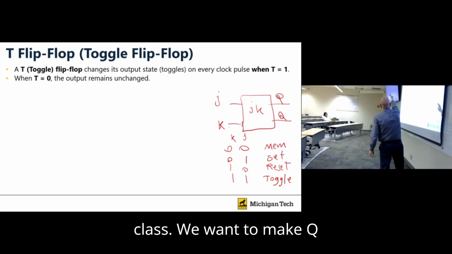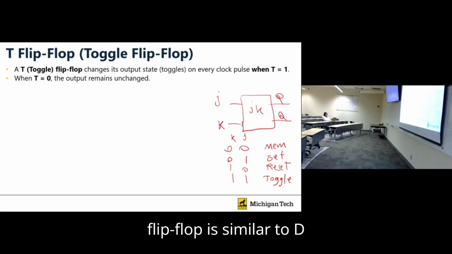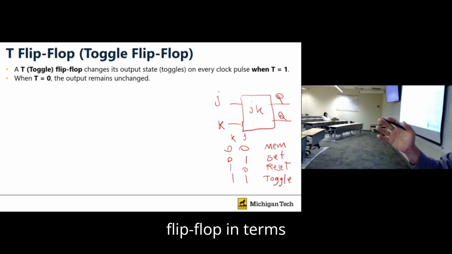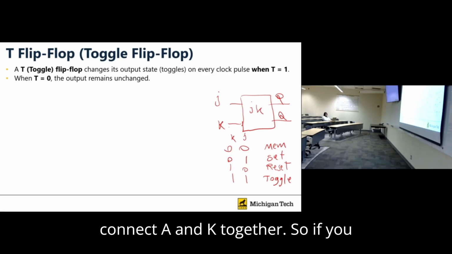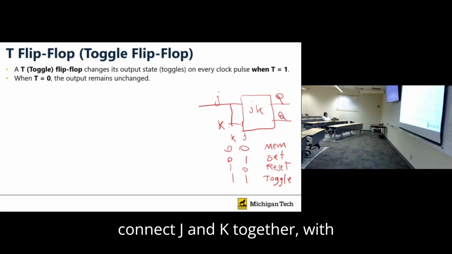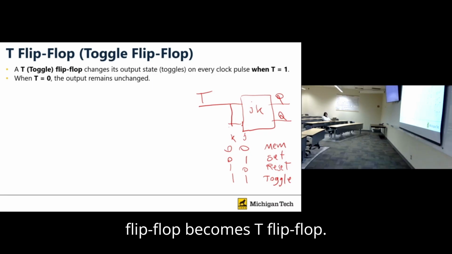We want to make a T flip-flop from that. T flip-flop is similar to D flip-flop in terms of simplicity. To make it, you just need to connect J and K together. If you connect J and K together with that T, this JK flip-flop becomes a T flip-flop.